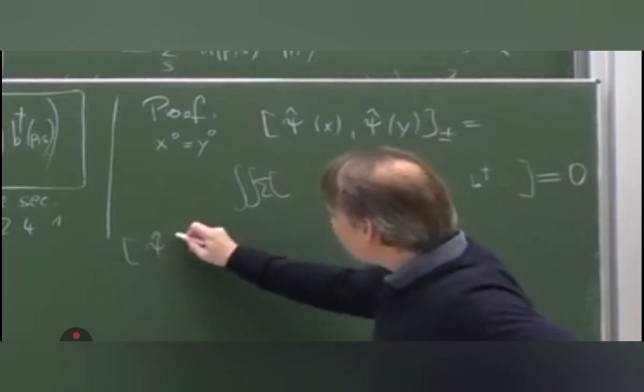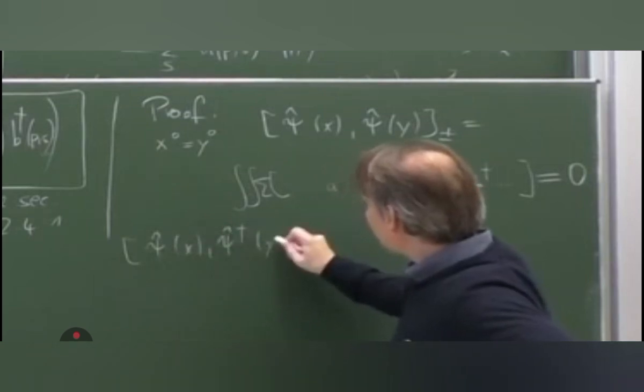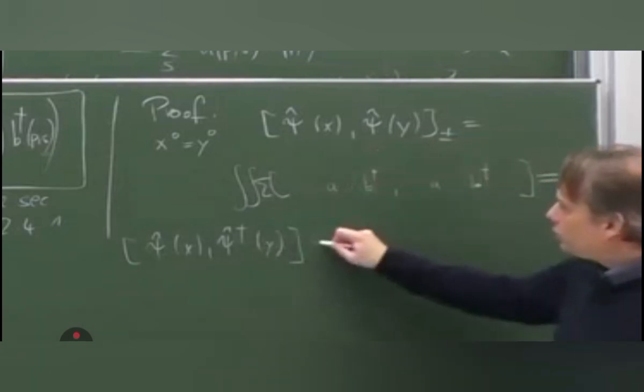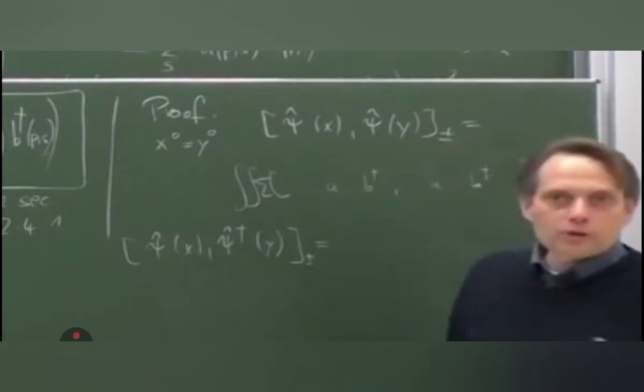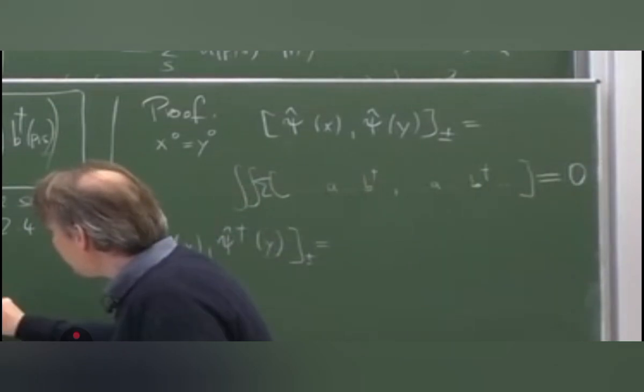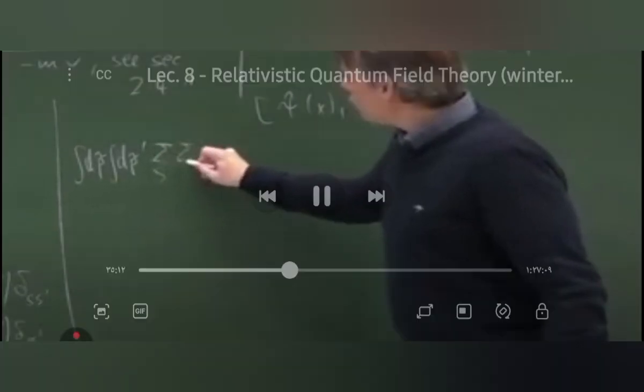The more complicated part would be psi with psi dagger. And that is really a calculation. Plus minus, and maybe let us start. So what you would write down, dp tilde prime, then sum over s prime.